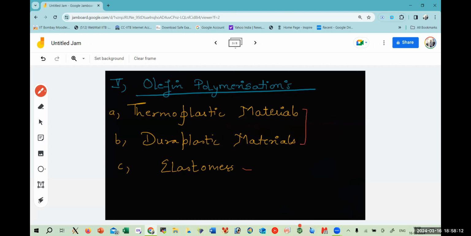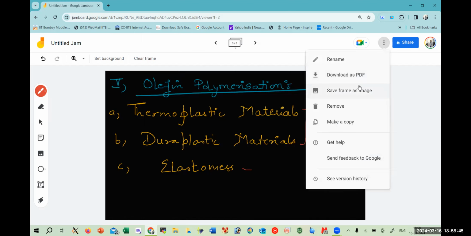This has shape stability for a very small time and in small strain, whereas duraplastics can retain their shape under high temperatures as well as extended strain, whereas elastomers, if they are deformed by the force and we remove the force, they would retain their original positions as they have the memory effect, and this is the clear justification of it.